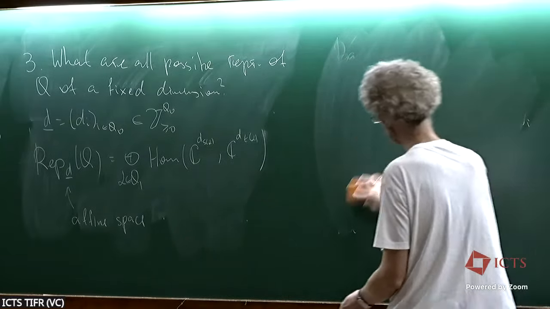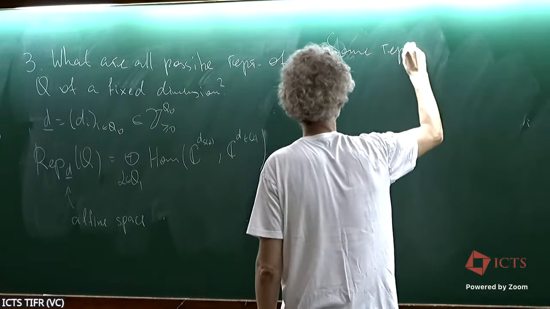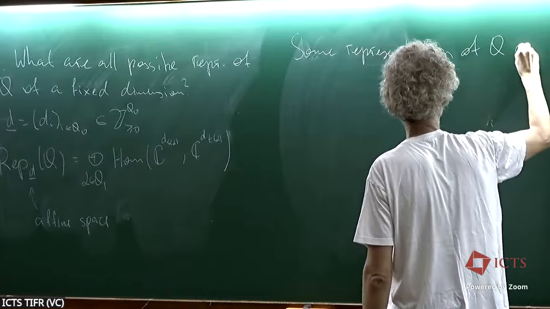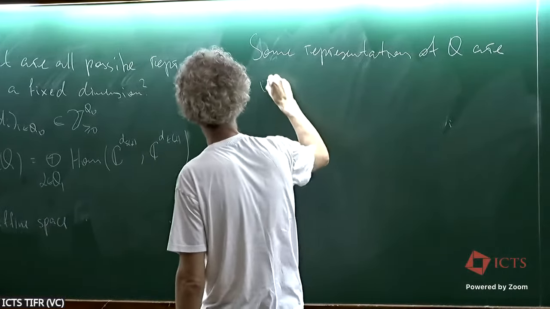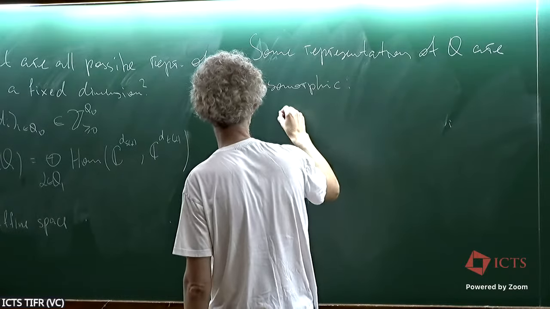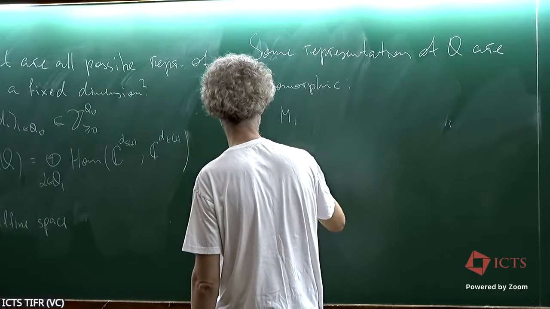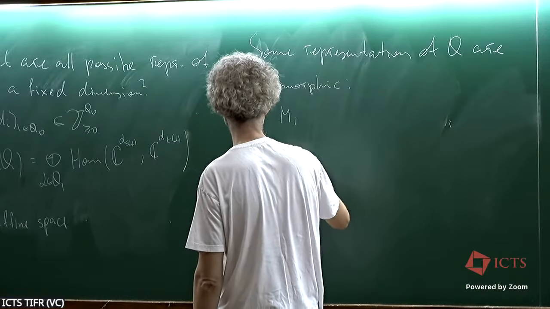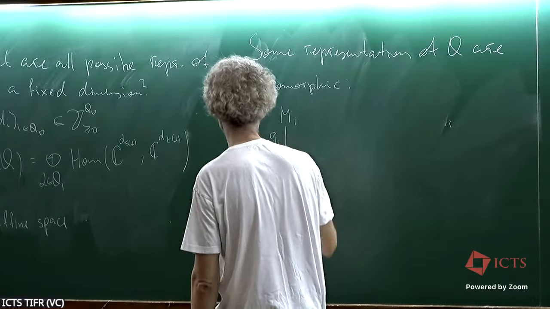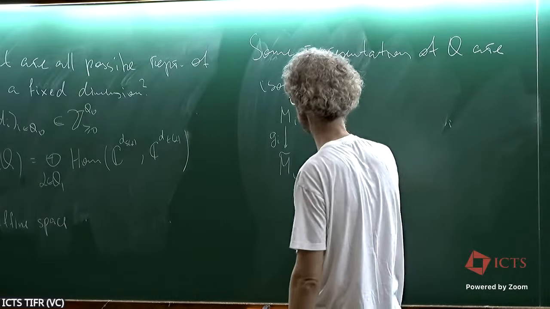We do know that some representations of Q are isomorphic. Say we have a collection M_i and a collection M_i tilde. For an isomorphism, we need maps g_i from M_i to M_i tilde, but they have to be compatible with the maps.